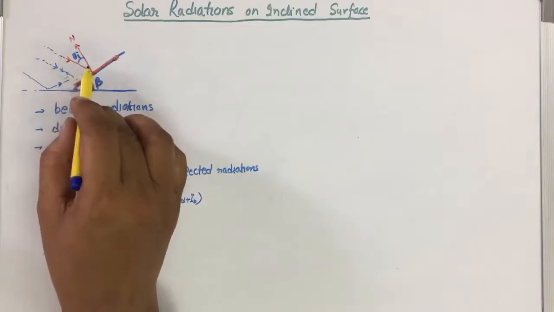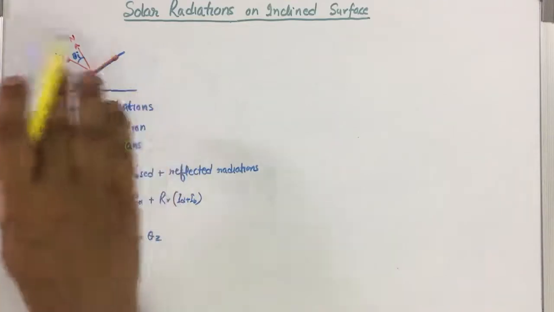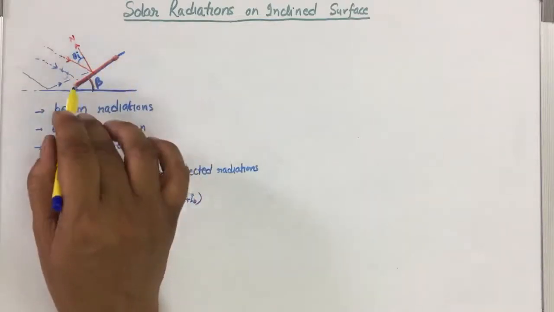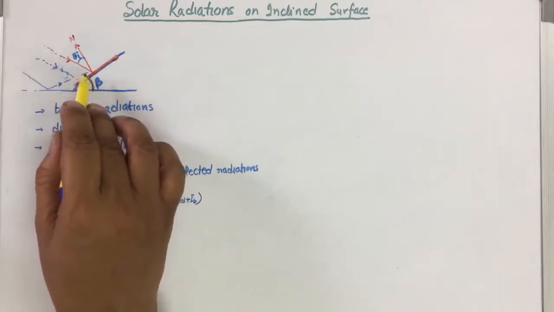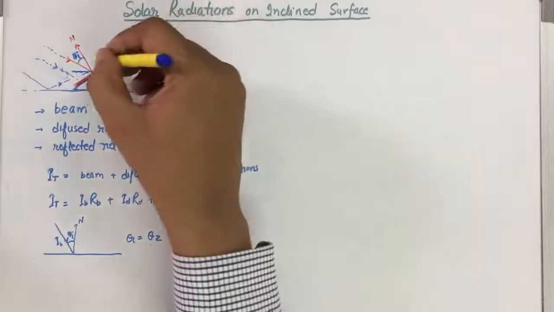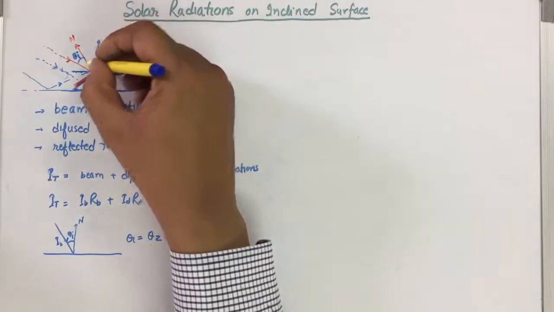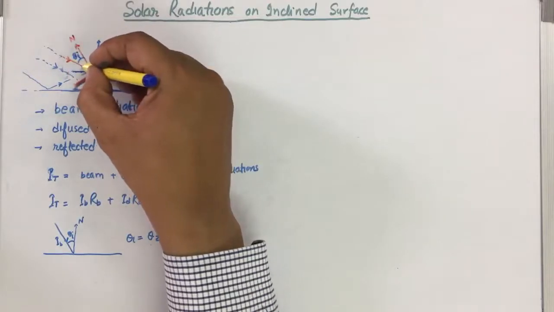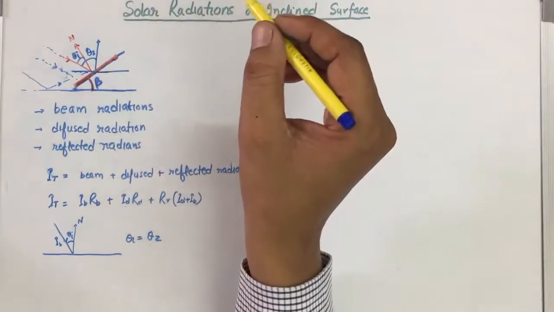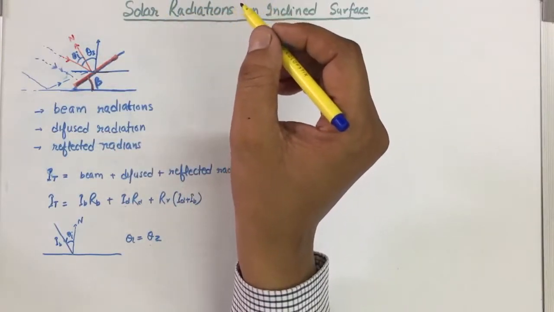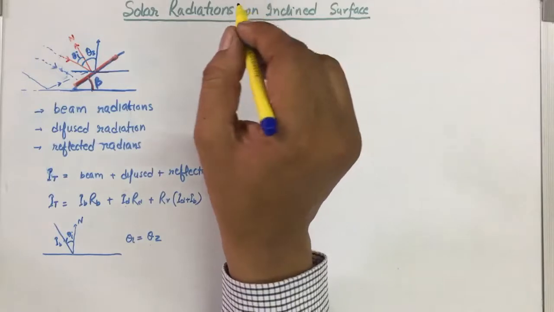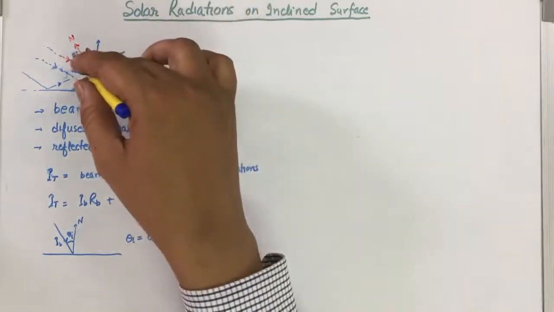Theta Z is the angle when the collector surface is placed parallel to the earth surface. There is no inclination, which means beta is 0. So this will be your collector surface, and normal to this, the incident radiation makes our theta Z. There are a few relations that relate theta I and theta Z, so it is important to make sure what is theta I and what is theta Z.